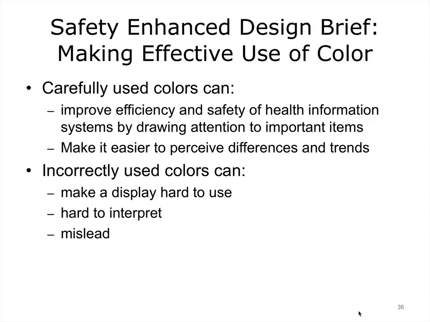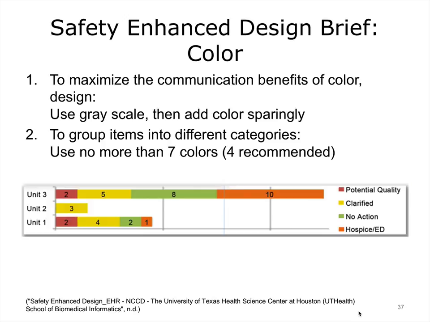Carefully used colors can dramatically improve the efficiency and safety of health information systems by drawing attention to important items and making it easier to perceive differences and trends. On the other hand, incorrectly used colors can make a display hard to use, hard to interpret, and misleading. To maximize the communication benefits of color design, use grayscale, then add color sparingly.